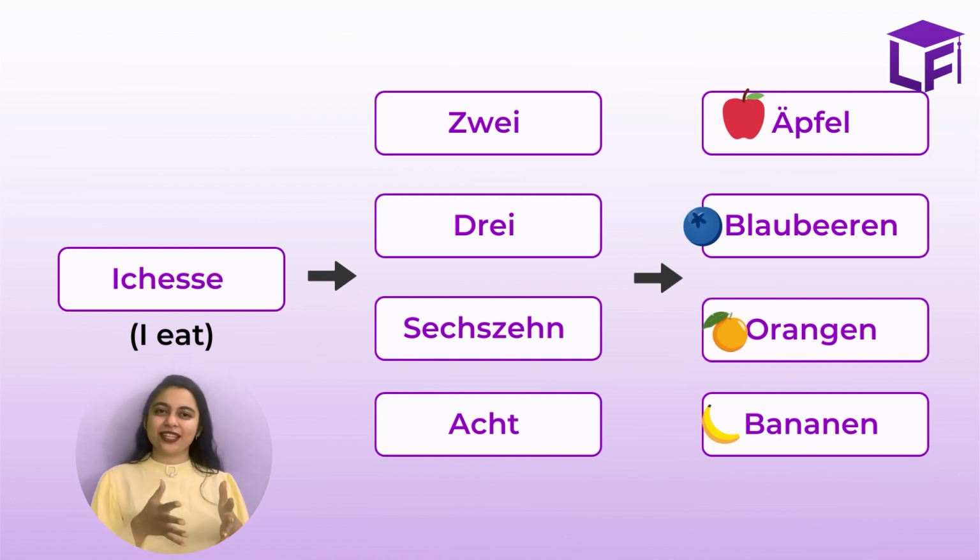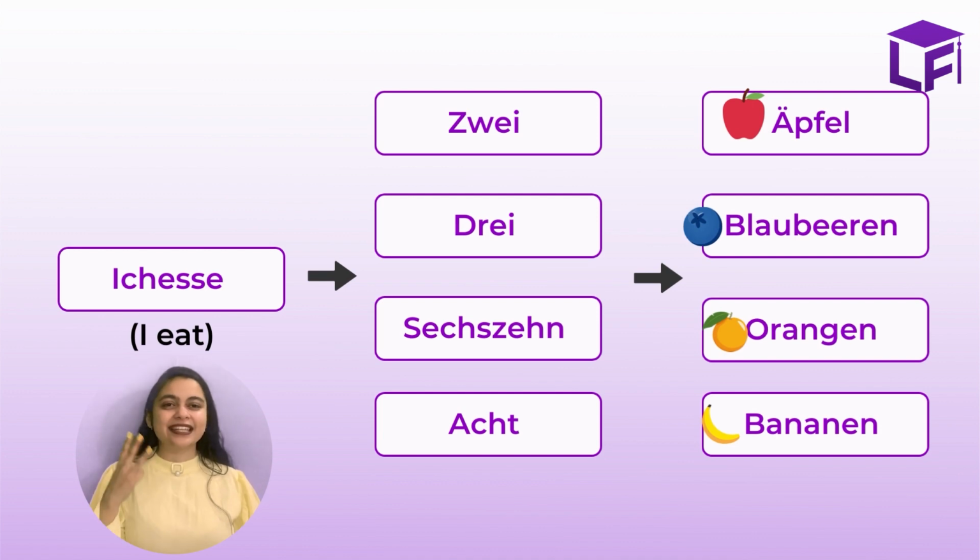Then the second column has some numbers written over it. The first number that it reflects is 2. Then the second number that it reflects is 3. Okay?